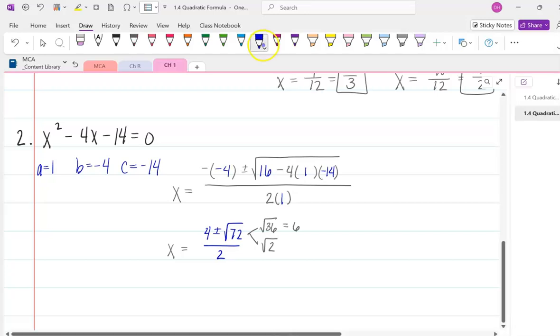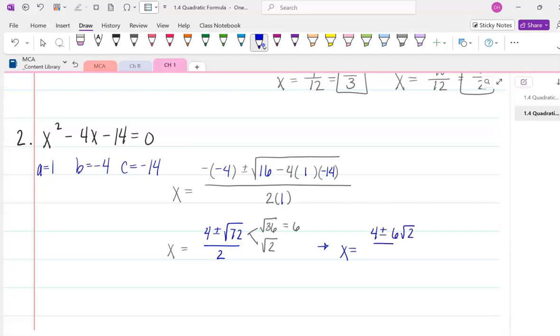So essentially in our problem right here, we have x equals, that'll be 4 plus or minus 6 square root 2 divided by 2. And then to take it just one step further, 4 and 6 are both even numbers. So we can divide each of them by 2. So really our answer is x equals 2 plus or minus 3 square root 2 as our final answer.